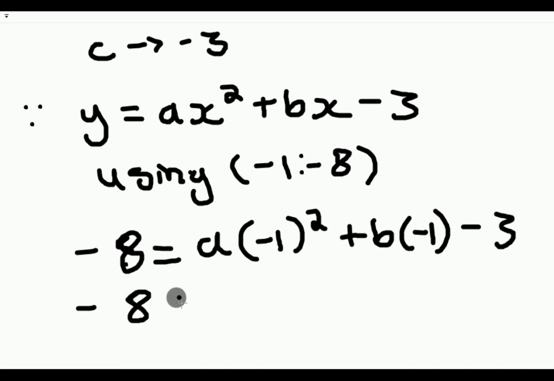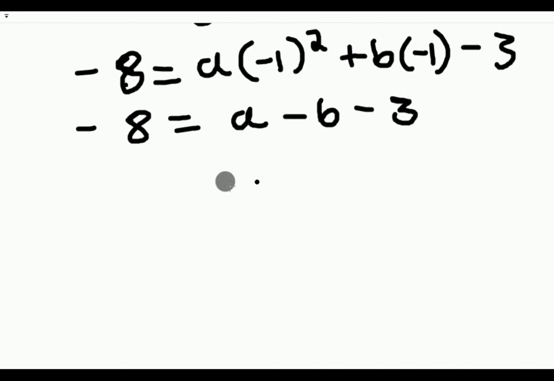This is going to give us minus 8 is equal to a, since minus 1 squared inside brackets is 1, so this is going to give us a minus b, then minus 3. So let's scroll down.